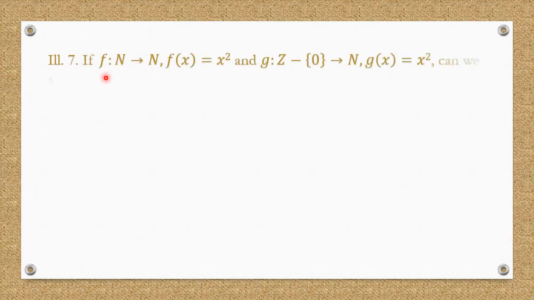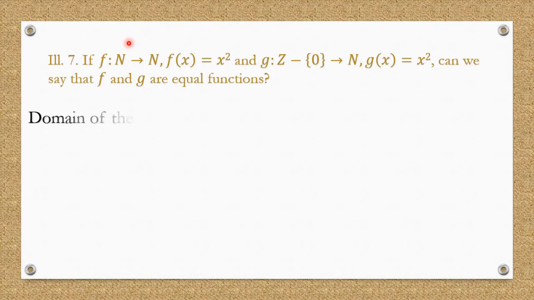Illustration 7. If f is a function from N to N, that is natural numbers, and f(x) is x square, and g is a function from Z excluding 0 to N, that is whole numbers without 0 to natural numbers, and g(x) is x square, can we say that f and g are equal functions? What we need to do first is to decide whether the domains are equal or not.